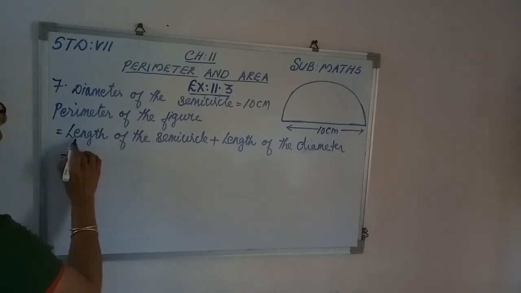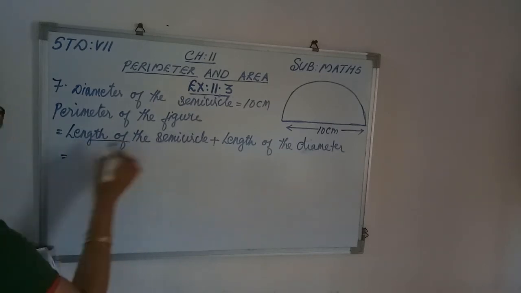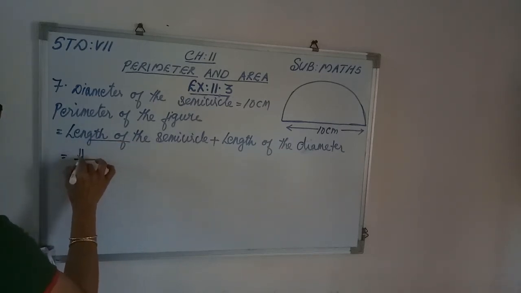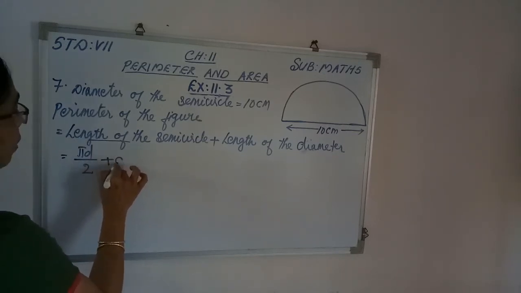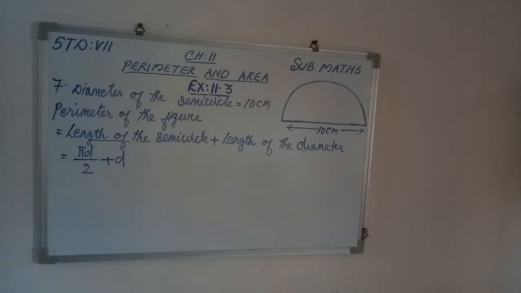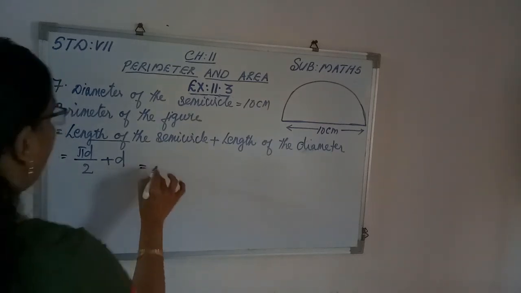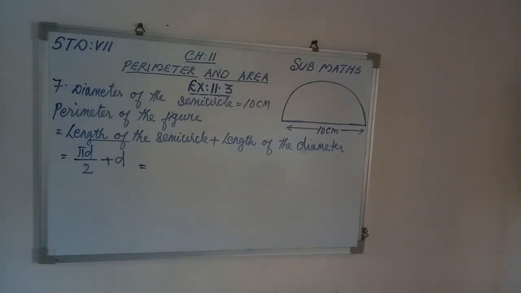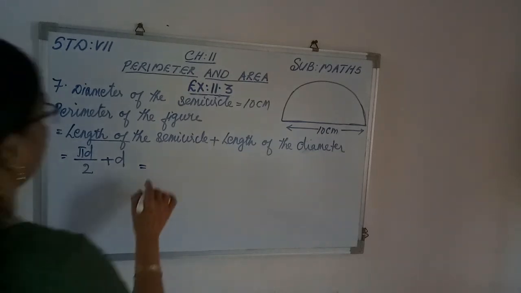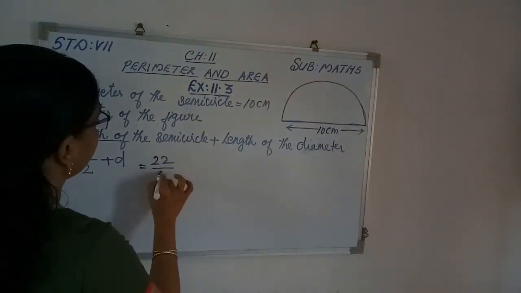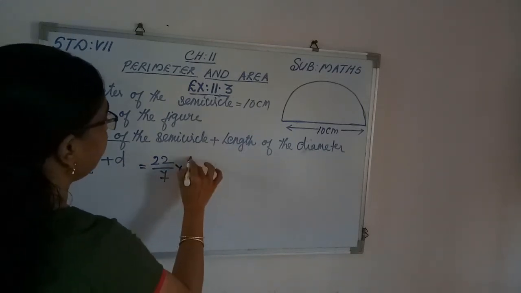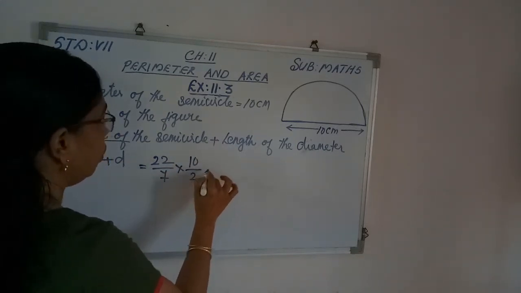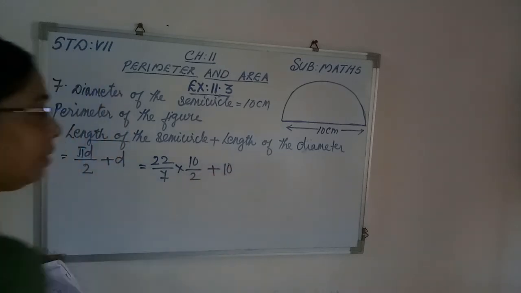Here length of the semicircle plus the diameter, that is d. Here pi, what value you have to use? 22 upon 7. So it is 22 upon 7 in place of pi, multiplied by d, which is 10, divided by 2, plus 10. Is that clear?